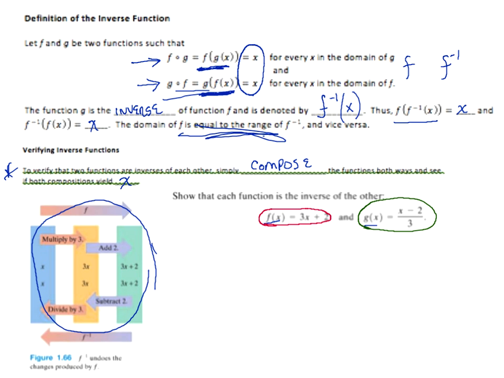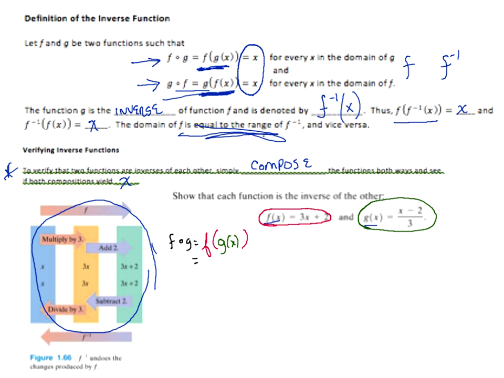Okay, so the first composition that I'm going to do is f composed with g, which means that my f of x is going to be my shell function, and I'm going to plug in my g of x function wherever I see x within the function.